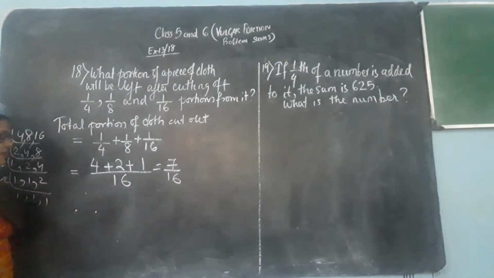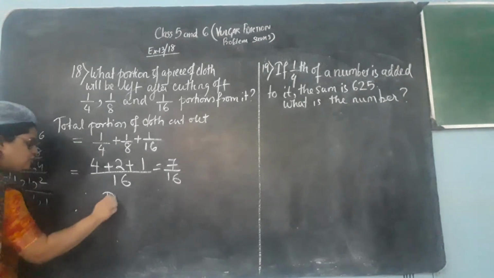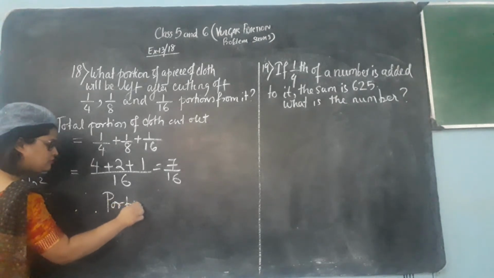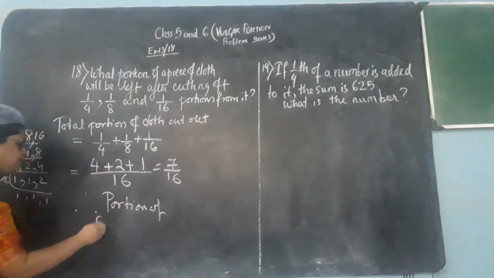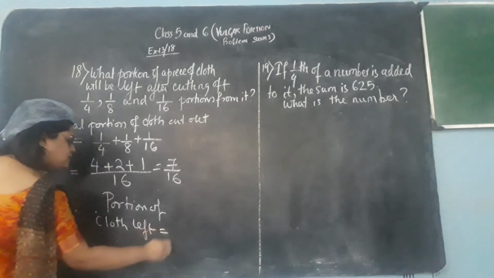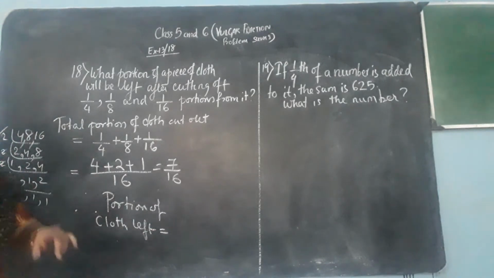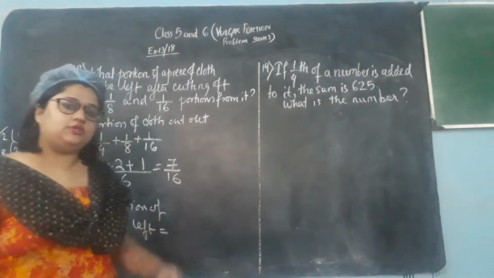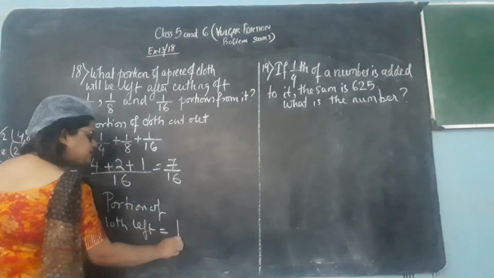Therefore, your question is what is the portion left? Portion of cloth left equal to, very easy, there was only one piece of cloth and the fraction total is always 1.